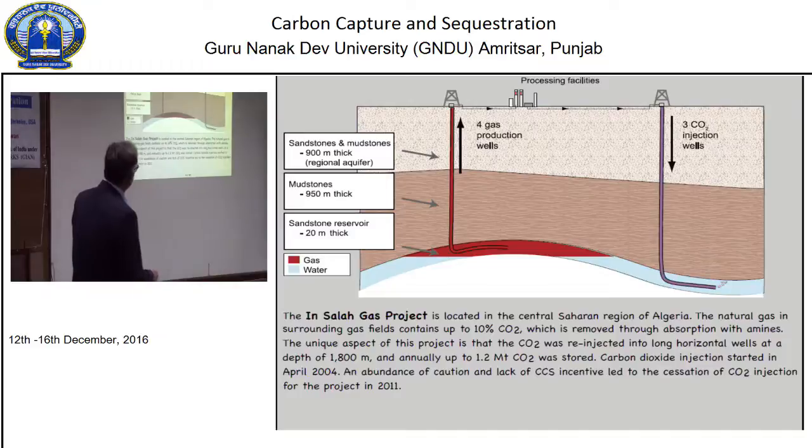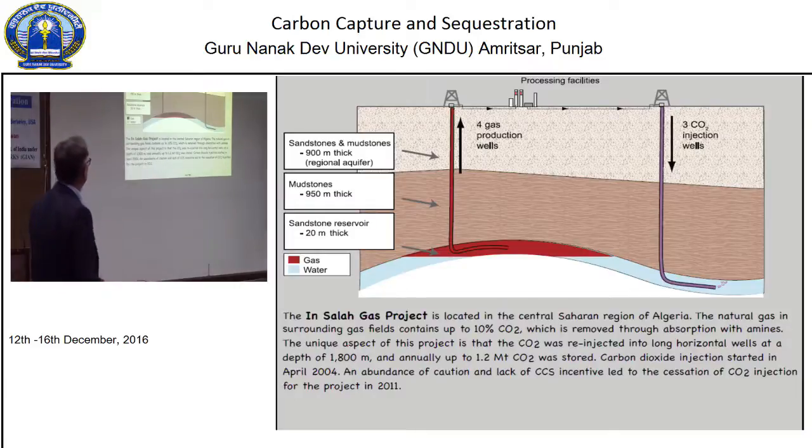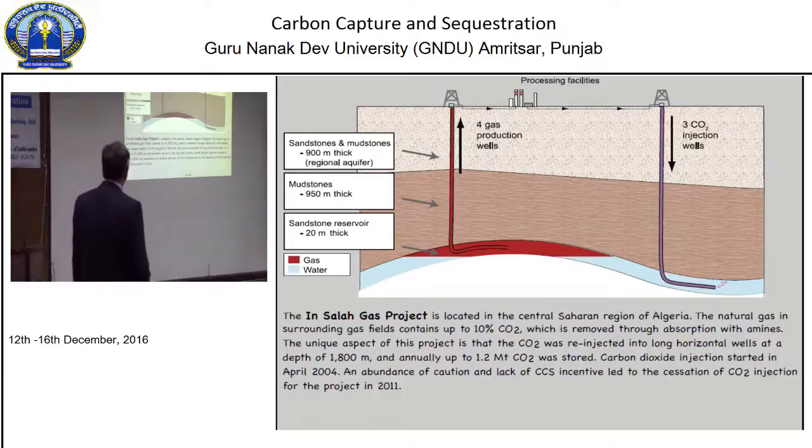So you have a processing facility, which is an amine absorber, which is taking CO2 out of this stream and then injecting it further downstream into the brine area. And the In Salah project represented really a first demonstration that carbon injection could happen downstream from a gas production well. Unfortunately, this project was ceased because the people doing it really lost their incentives to do it.